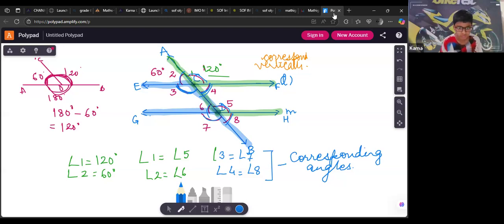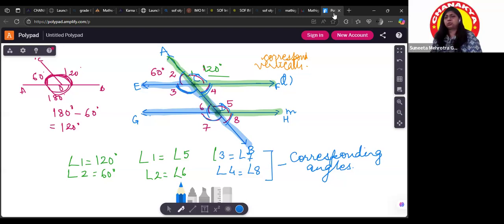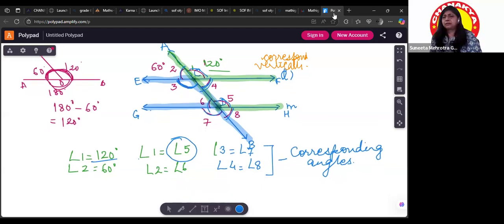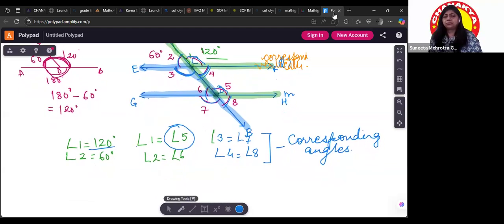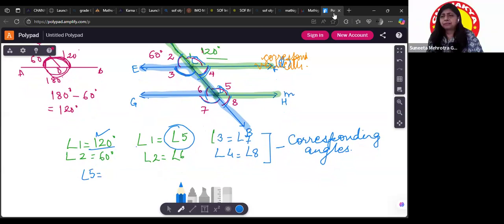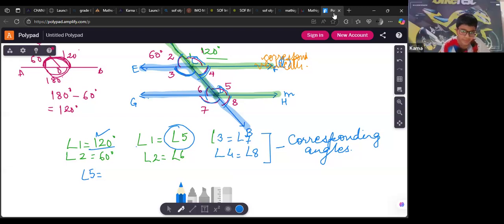Okay. Suppose angle 1 is 120 degrees. So what about angle 5? Ma'am, it will be the same, 120 degrees. Ma'am, you can't tell it exactly, but estimatedly it's 120.